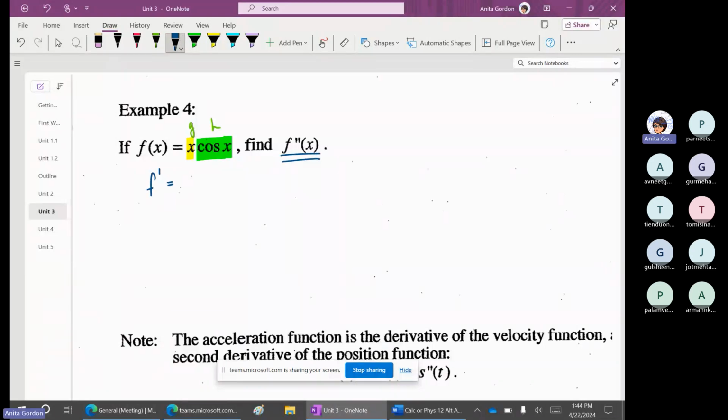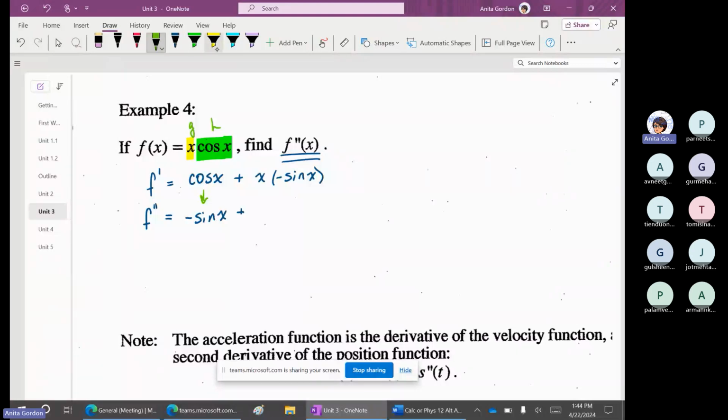So F prime is derivative of the first, second unchanged, plus the first unchanged, derivative of the second. To do F double prime, or the second derivative, I can leave this on its own and just take its derivative, which is going to be negative sine x. It's not multiplying or dividing anything, so just leave that alone.